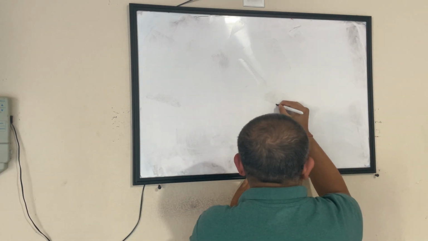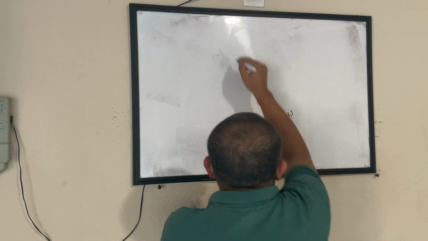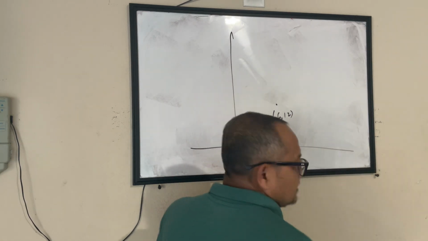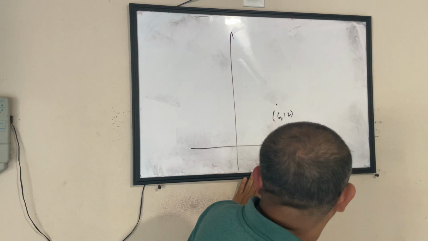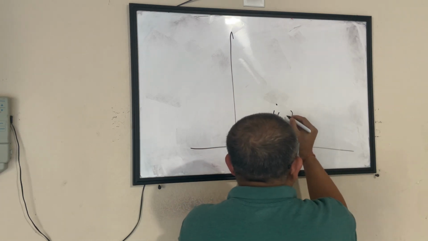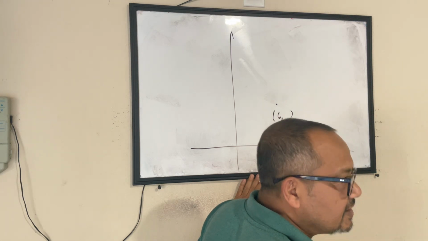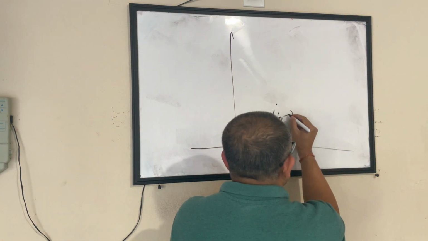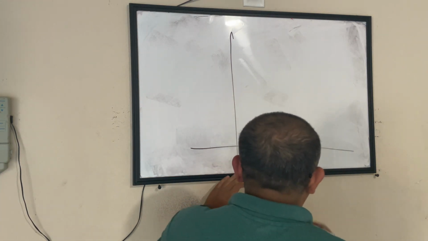So I have 2 points. Let's visualize this in the coordinate plane. 6, was it 6 and 12? Or no, 6 and what was the coordinate of the first point? 6 and negative 12. Okay. So 6 and negative 12. So it was somewhere here.